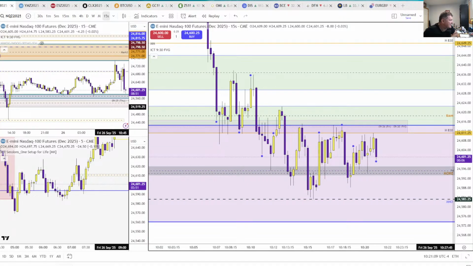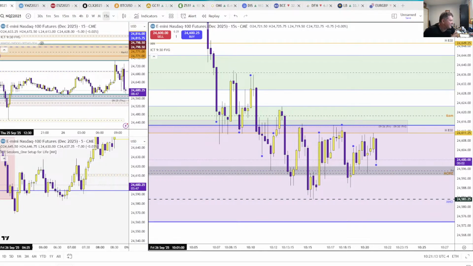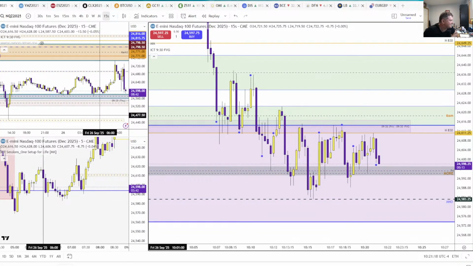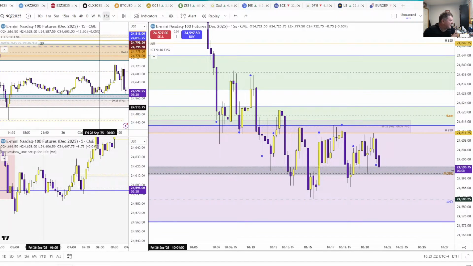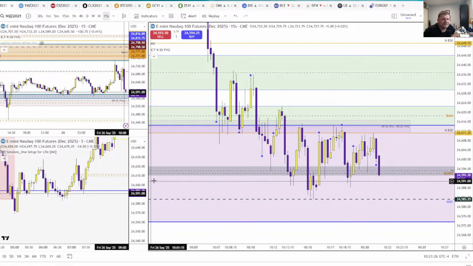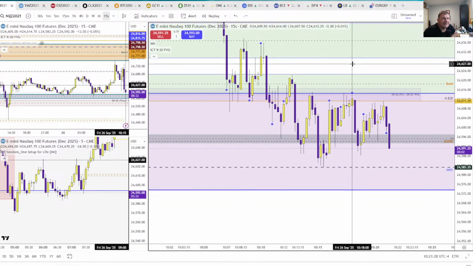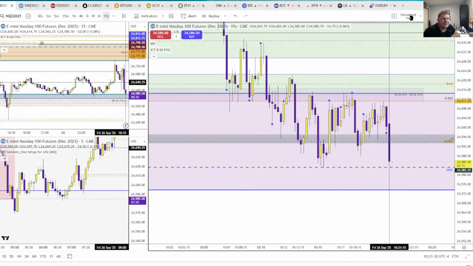If we close below 519, we're looking for range extension. This could be a nice little run into October. But we've got to get below 519. That's my thoughts on a 4-hour chart.